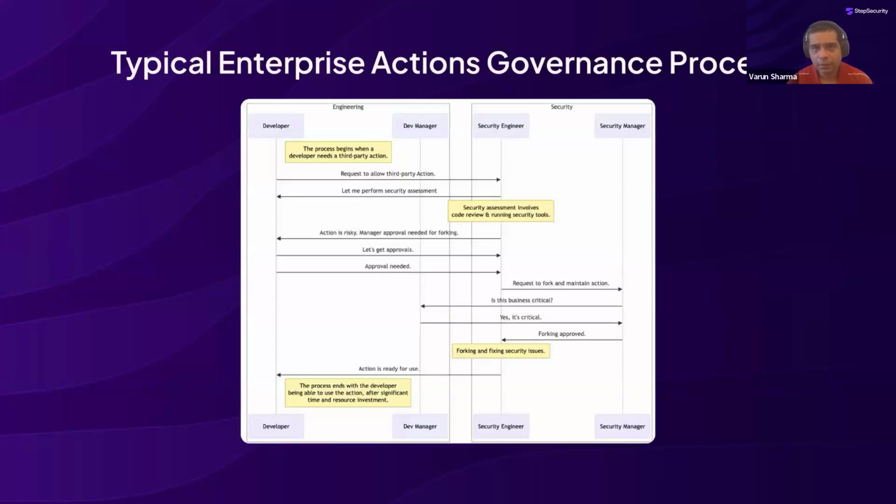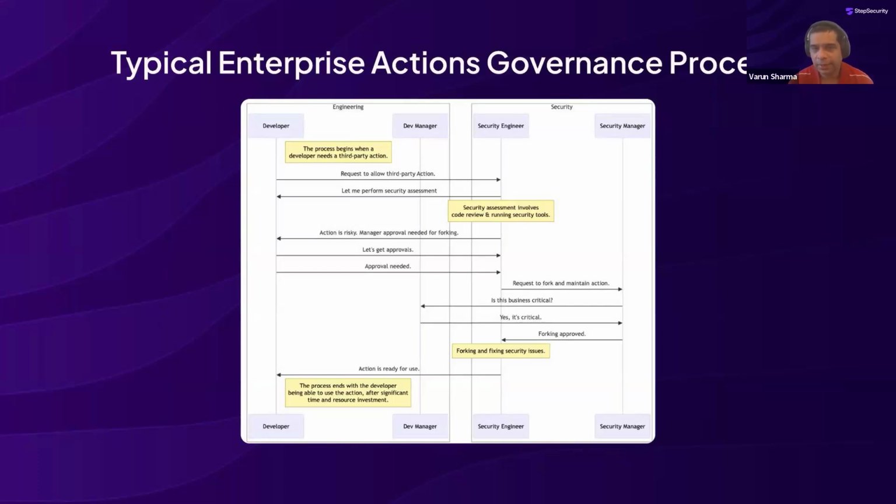And this is what a typical governance process looks like in enterprises that have set up the allowed list using the GitHub feature. So now let's say a developer wants to use a new third-party action. They try to use it, but since it's not in the allowed list, the usage will get blocked. And then they would need to reach out to their security team to add that action in the allowed list. And so at this point, the security team would then review the action and follow a certain process around it.